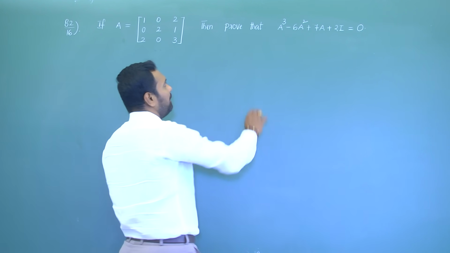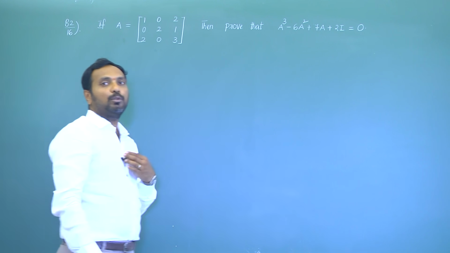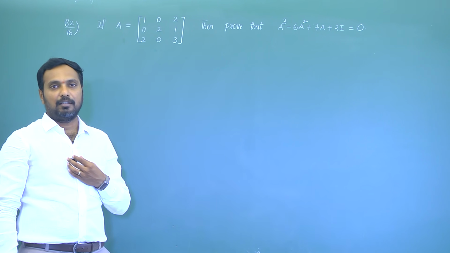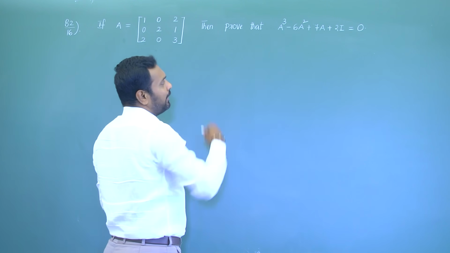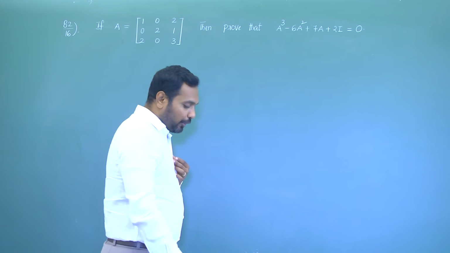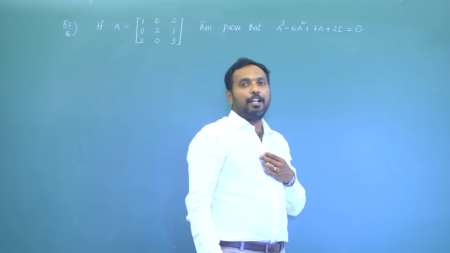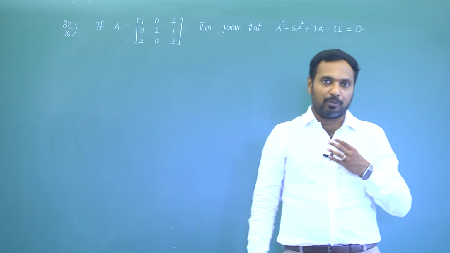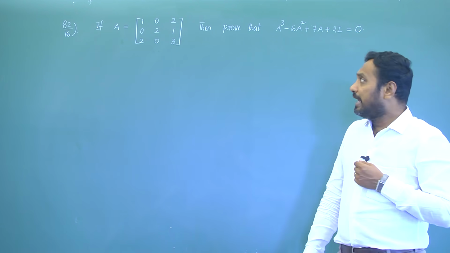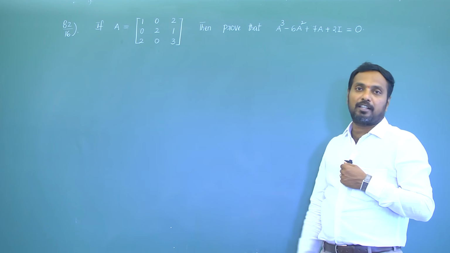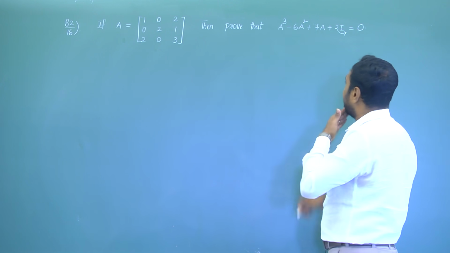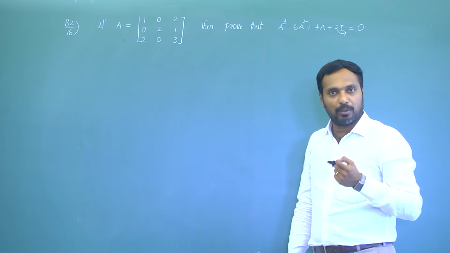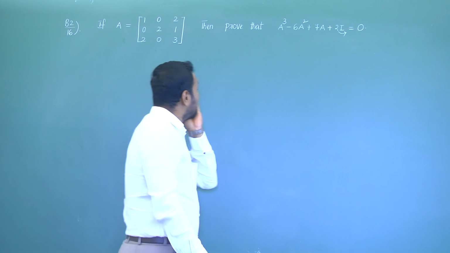And A power 3 means A square into A. In that form we have to calculate A power 3. And what is I? You know the condition that addition of matrices is possible for the same orders. As the given matrix is of order 3 cross 3, capital I must be considered as the matrix of order 3 cross 3 only.